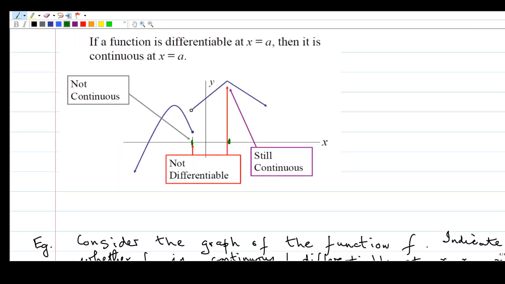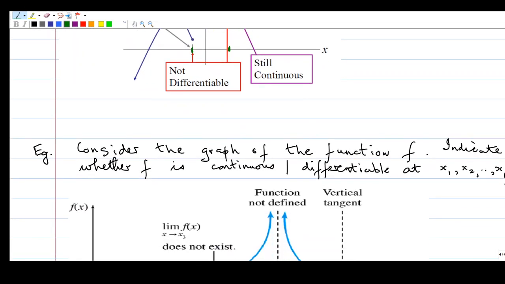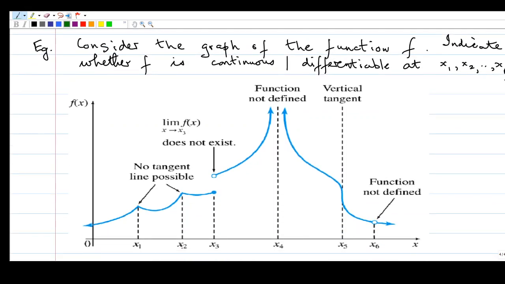So let's look at the following example. Consider the graph of the function f. So it is a blue graph.